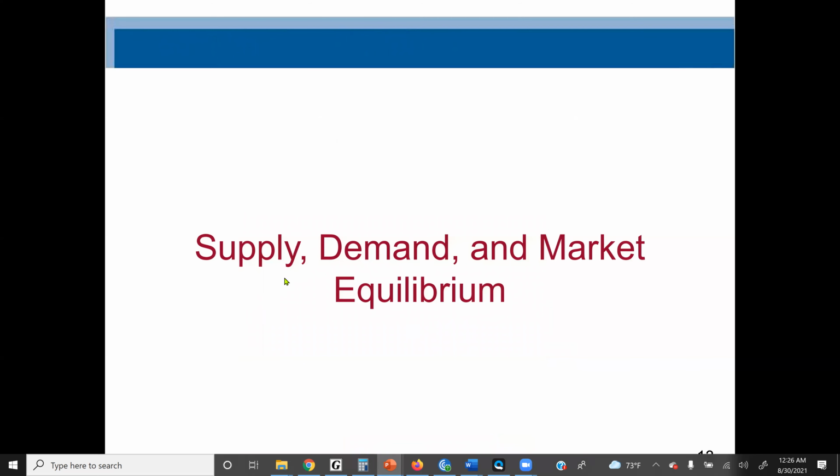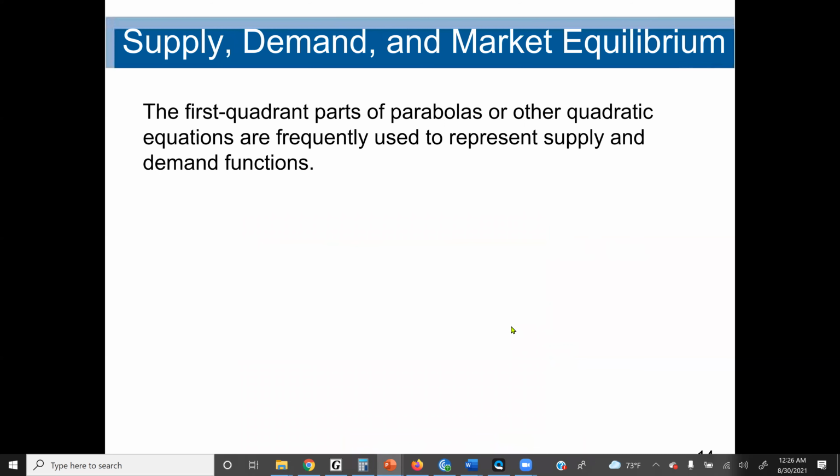So next we go to supply, demand, and also market equilibrium. Mostly these questions apply to economics.